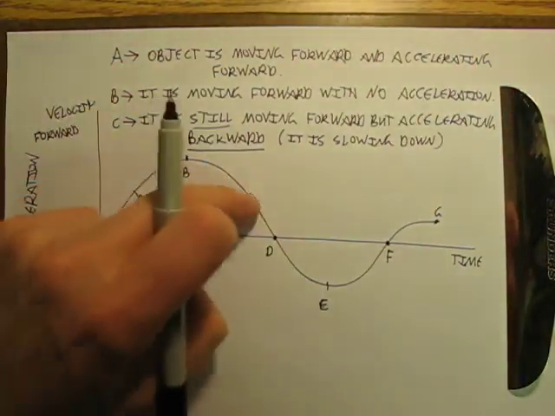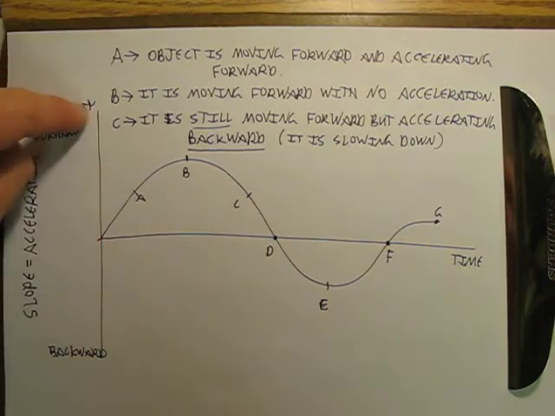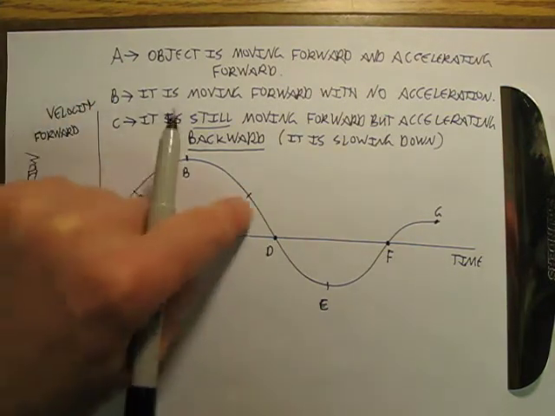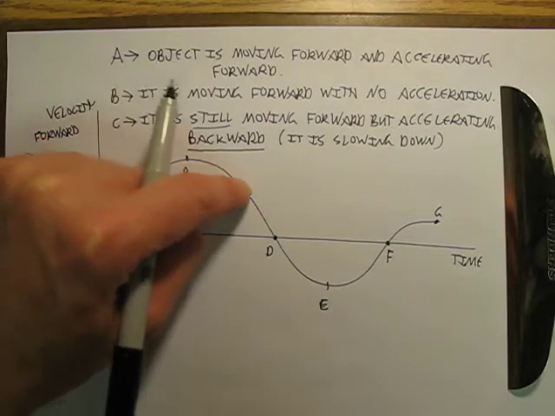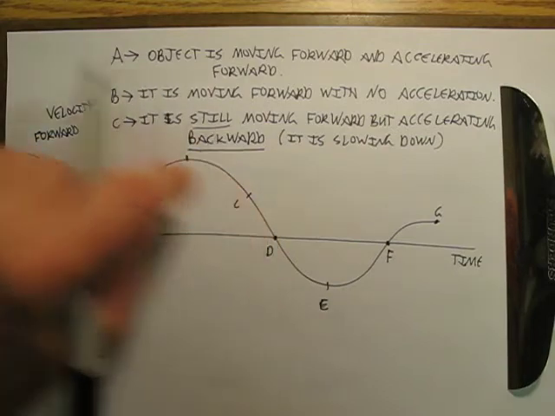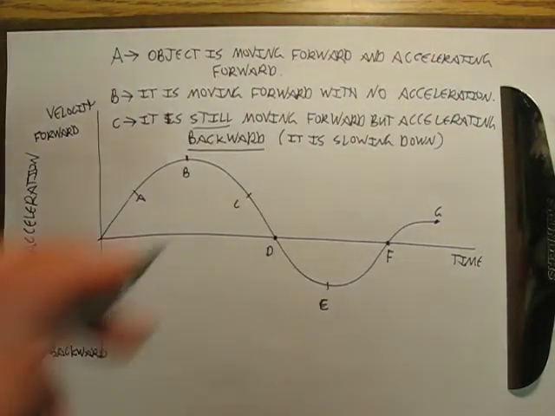It is still moving forward because its velocity is still forward, but the velocity is getting less and less forward, so it is slowing down.